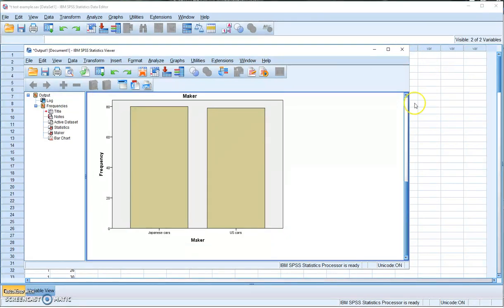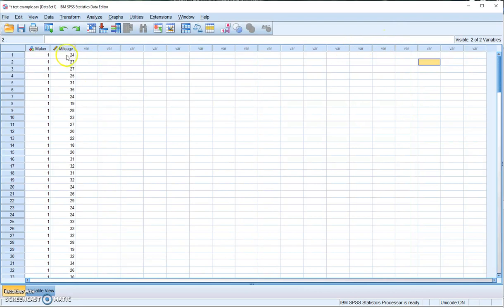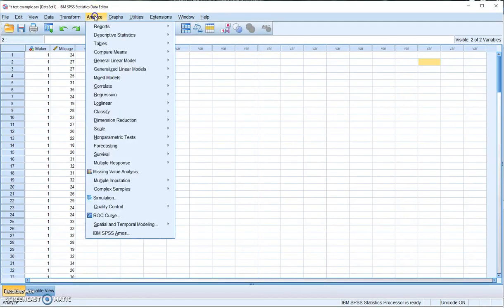Okay, now go back to our next variable, which is the mileage reported by each of the car owners. What's the average mileage per gallon? And this is a quantitative variable. So for this type of variable, we can get descriptive information from the same place.